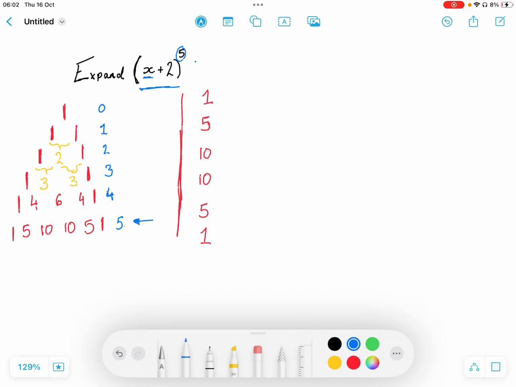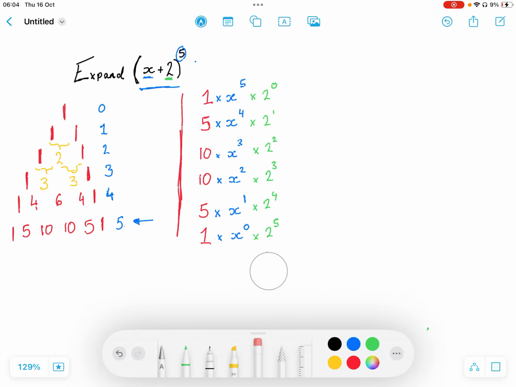Notice, right, that the sums of the powers are always 5. That's a nice way to check that you're doing it right. Some people like to, in fact, draw it going up from there. So they go 5, 4, 3, 2, 1, 0 the x's, and then 5, 4, 3, 2, 1, 0 going up. Whichever way you like to do it, as long as those powers always add up to 5.